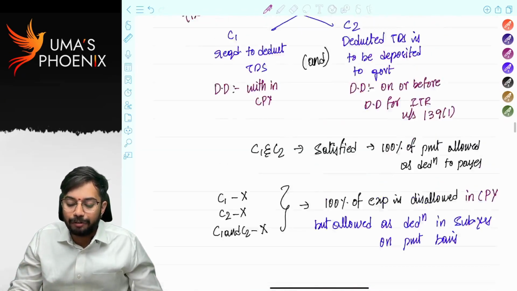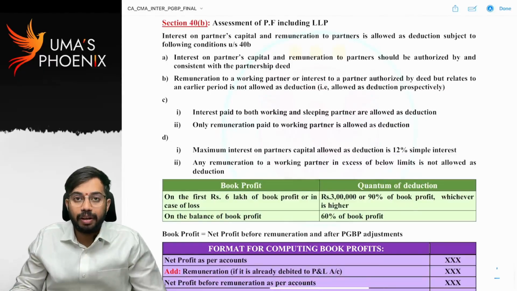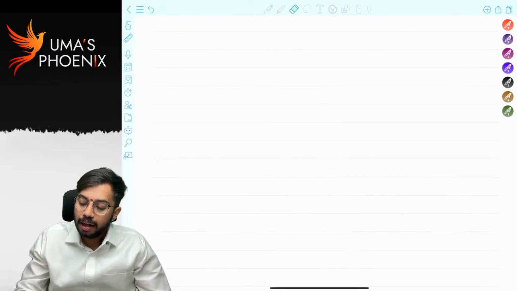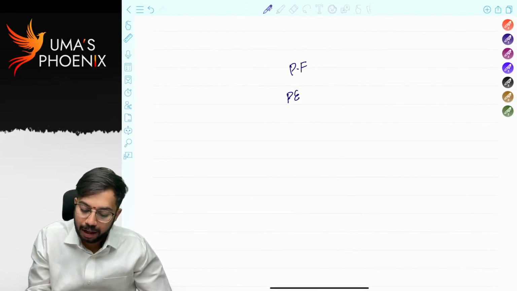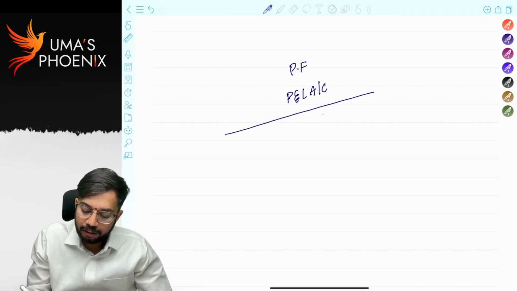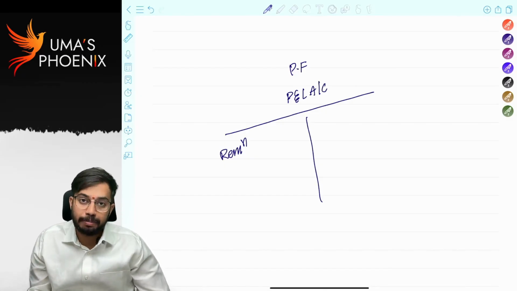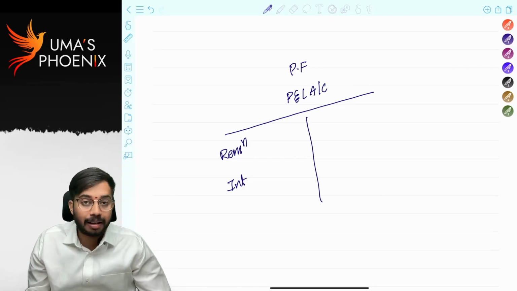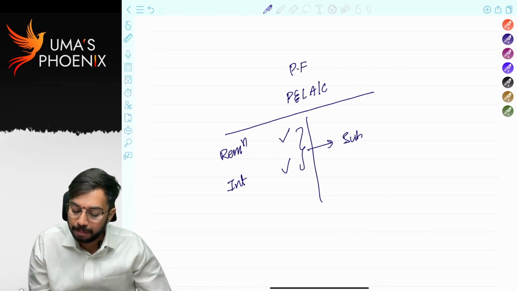So this is all about 40A(1) and 40A(1)(a). Now let us discuss section 40B. In case of a partnership firm, there will be a P&L account, right? In that P&L account, if the partnership firm wants to claim remuneration to partners as expenditure, or interest to partners as expenditure, that expenditure is allowed as deduction, but subject to section 40B.